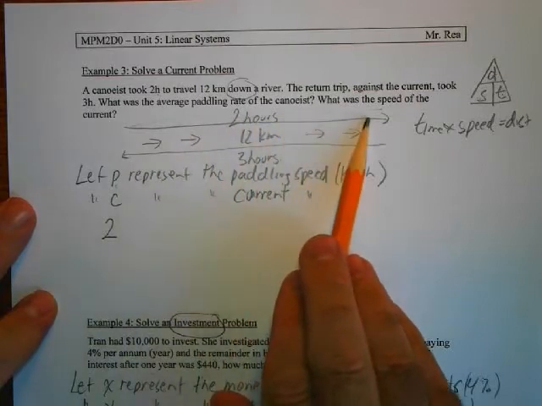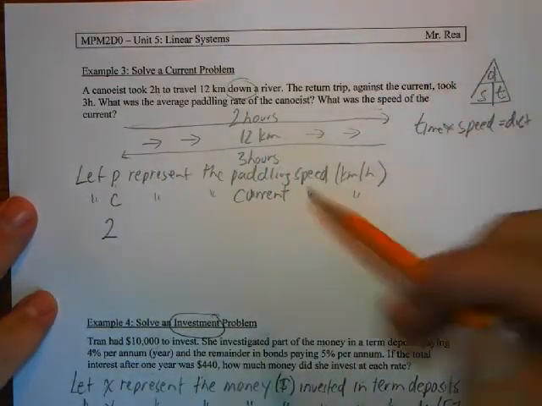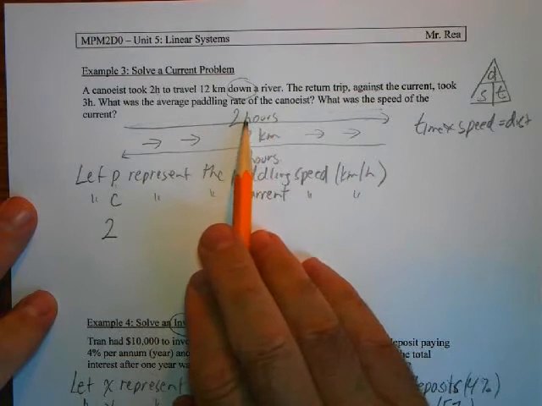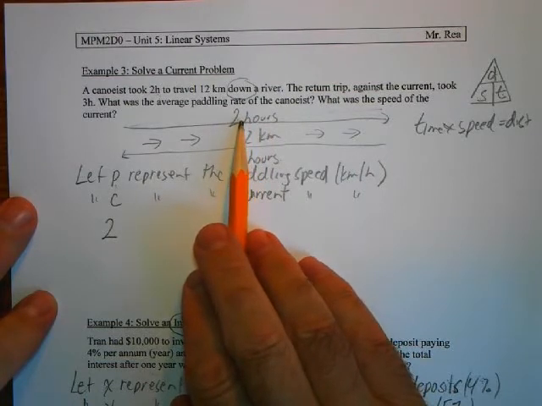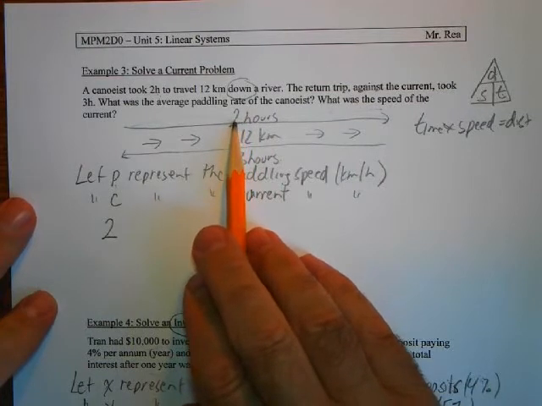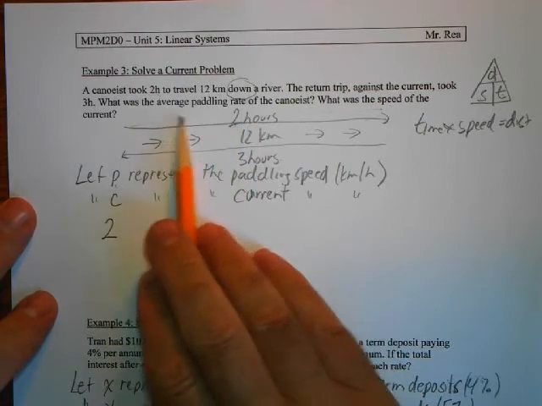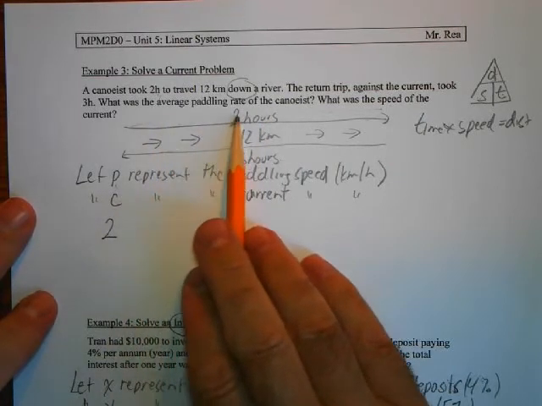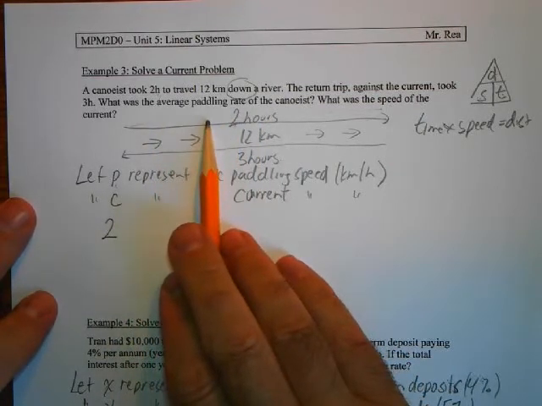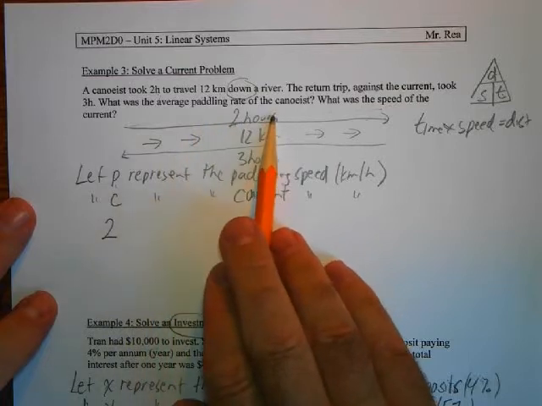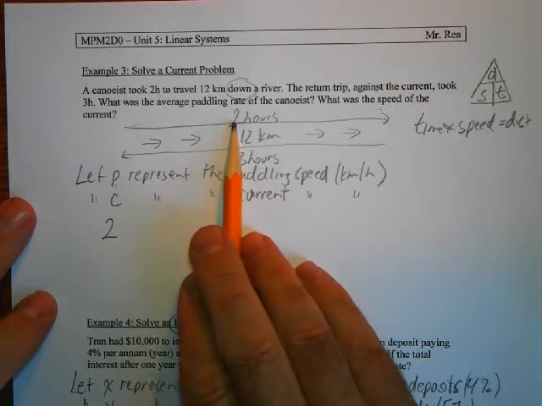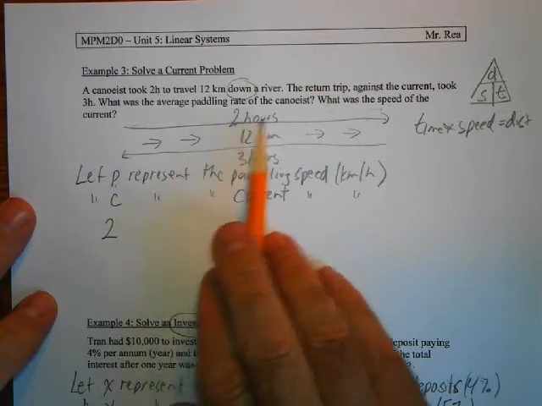For example, let's come up with some numbers. Say the canoeist is paddling at 7 kilometers an hour, and the current speed was 3. The 3 from the current is added on to your paddling speed. So even though you're only paddling 7 kilometers an hour, you're actually traveling at 10 kilometers an hour because the current is pushing you.